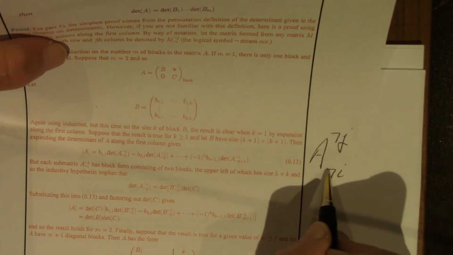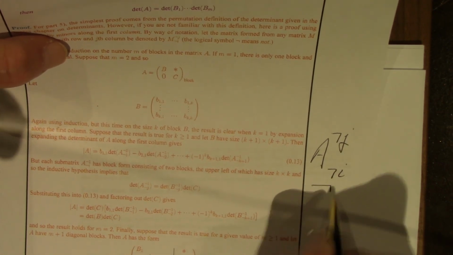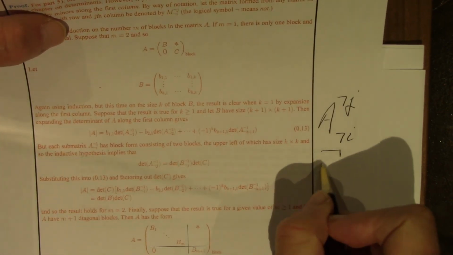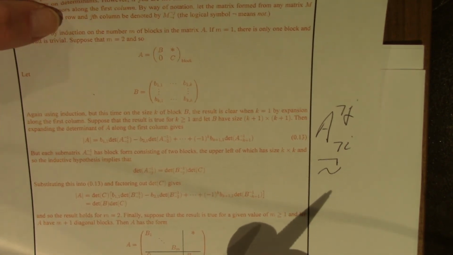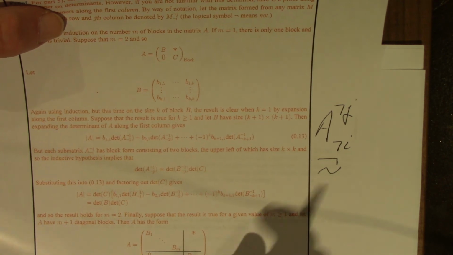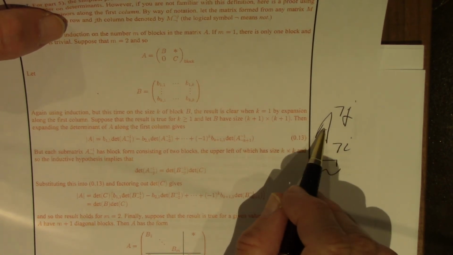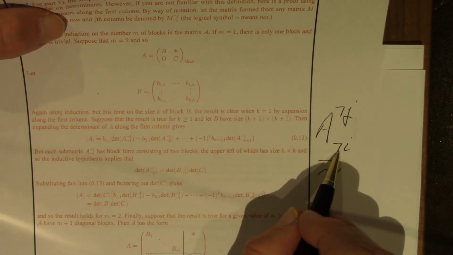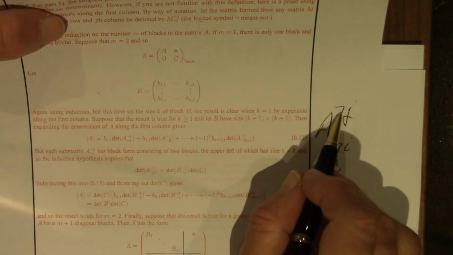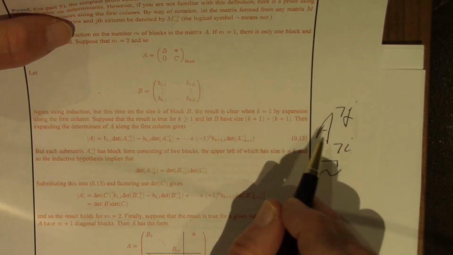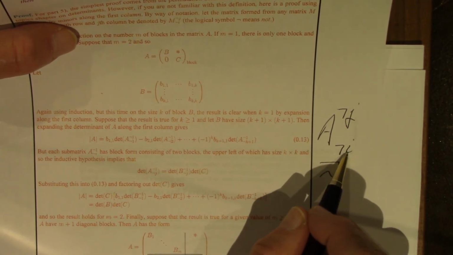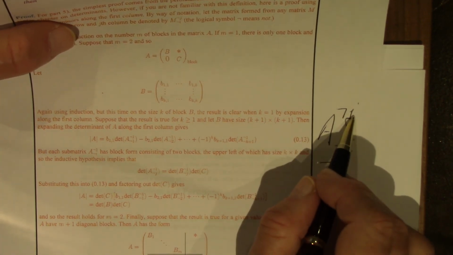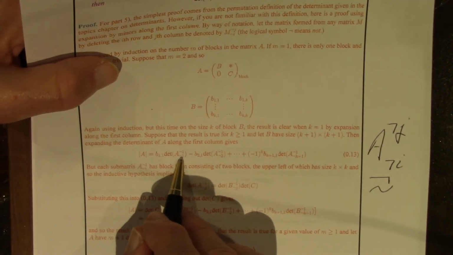This symbol, which I didn't write all that well, it looks more like that, or sometimes like this, is the logical symbol for negation. It's read not. So this is A, not the ith row, not the jth column. In other words, take A, remove the ith row, remove the jth column. So that's what this notation is.